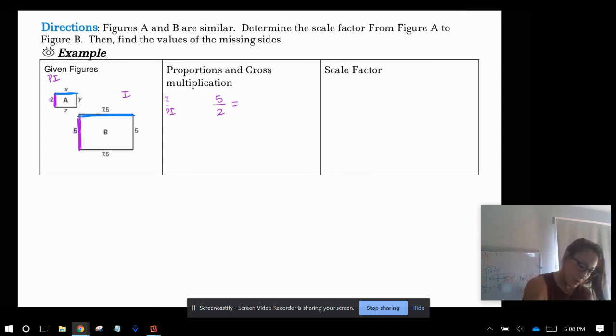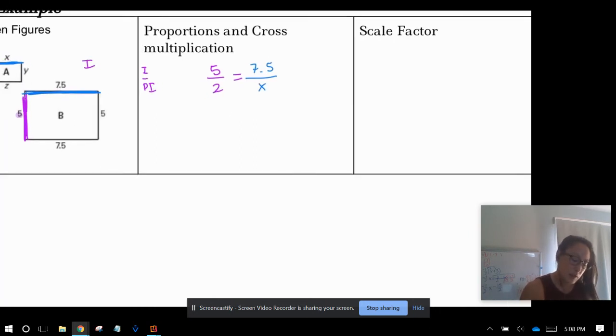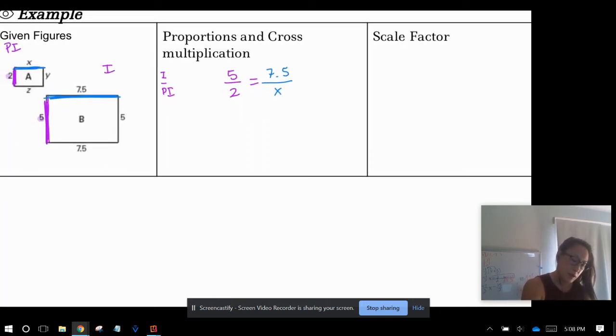So I'm going to do 7.5 over x. To solve for x, we have some different options here. What I did was I set up a proportion, which is two equal fractions. These fractions are equal to each other, they just haven't been reduced.